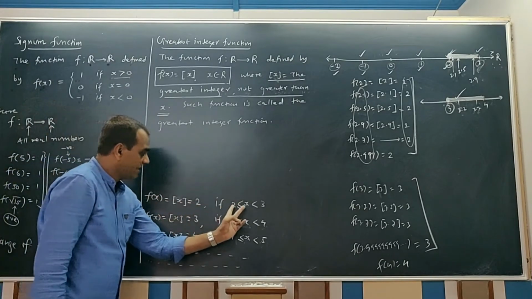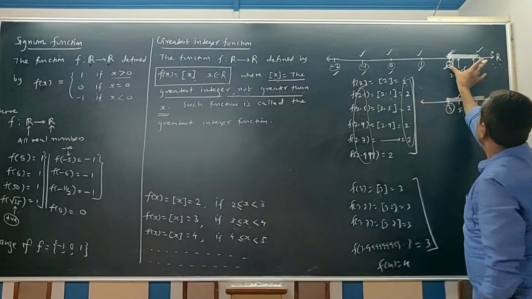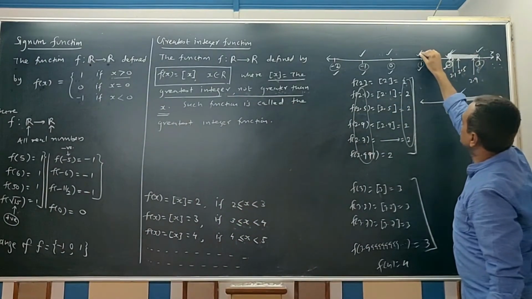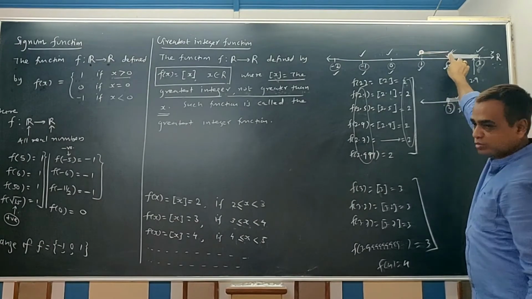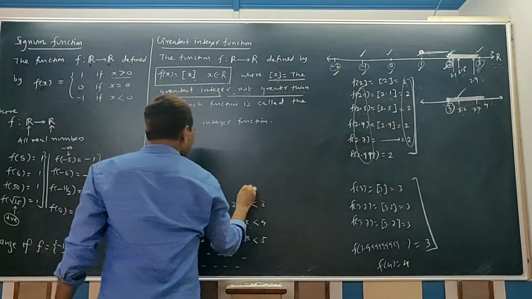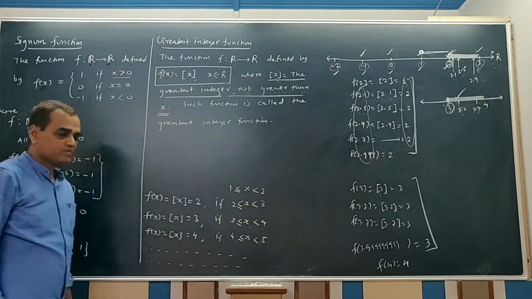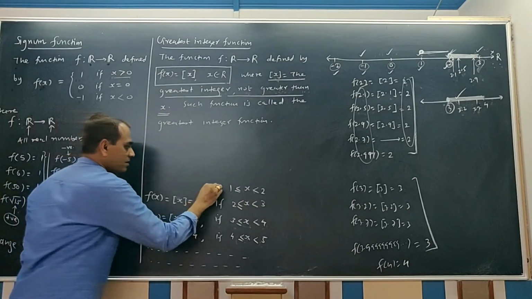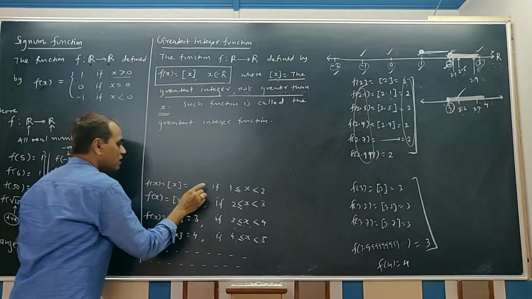This can be continued. Similarly, on the left of 2 to 3, now I am putting the statement for the interval 1 to 2. So if x is between 1 to 2, then f(x) is equal to 1.